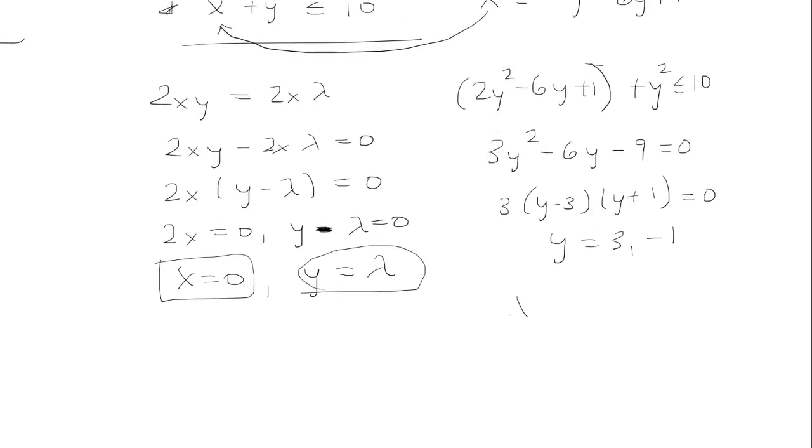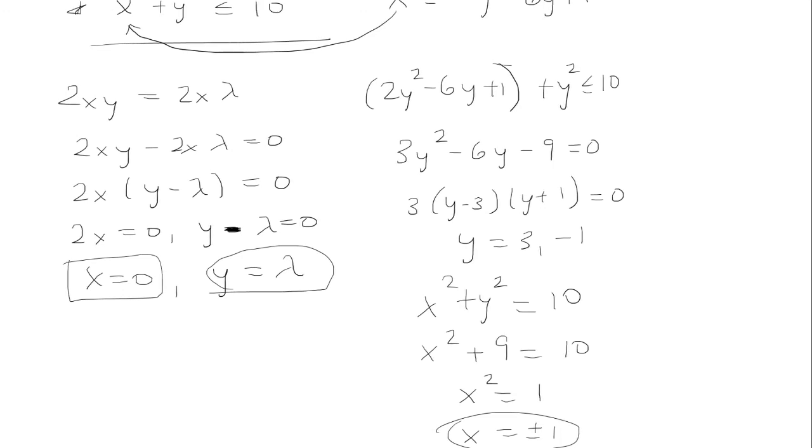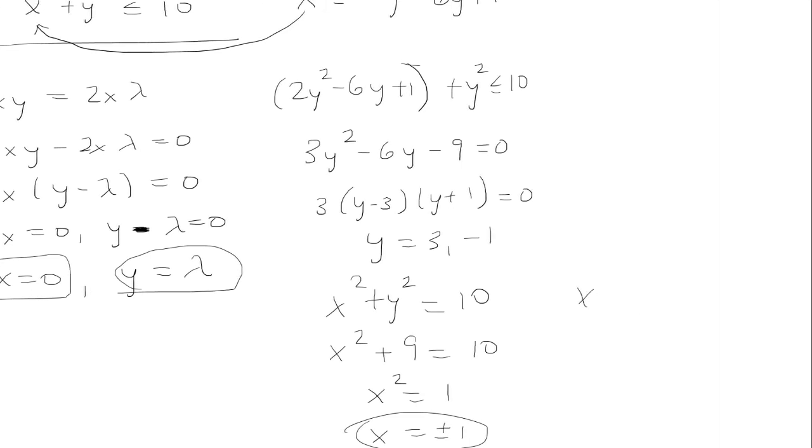So we had x squared plus y squared equals 10. And if y is 3, we get x squared plus 9 equals 10. x squared is 1, so x is plus or minus 1. And if we plug in y equals negative 1, we get x squared plus negative 1 squared, which is just 1. And so it's x squared equals 9, x is equal to plus or minus 3.